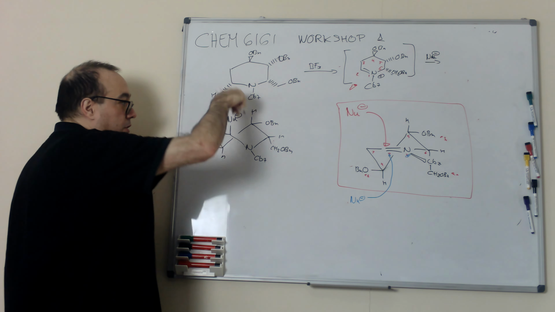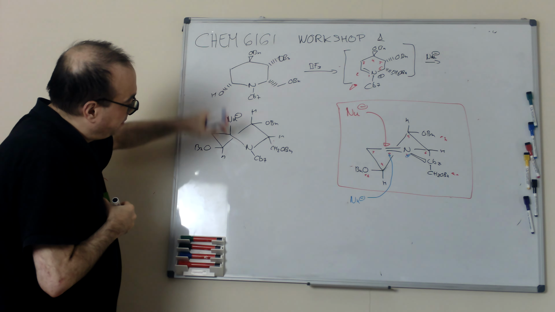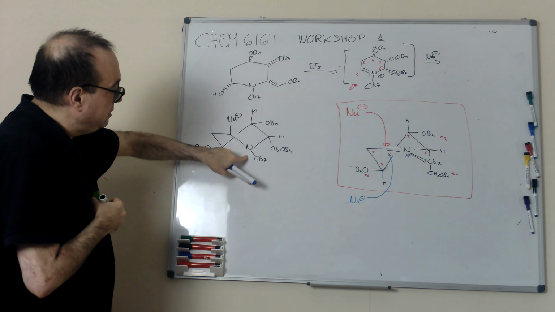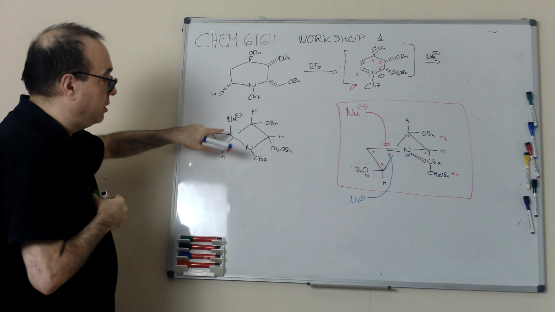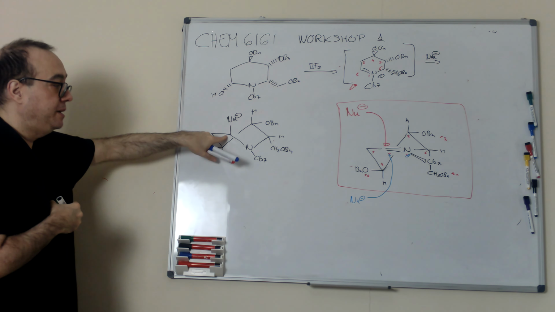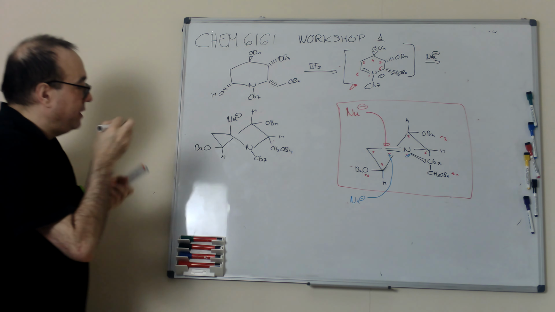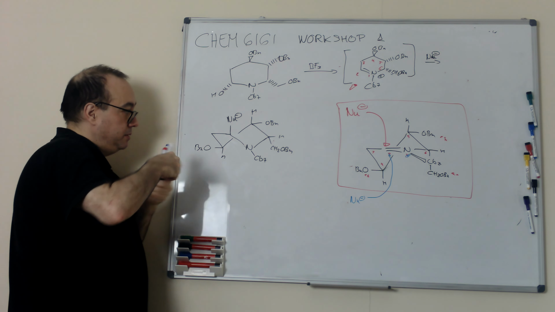If it is attacking from the top face, what is happening is that this nitrogen is going down, in order to preserve the tetrahedral environment in this carbon, and we have like a twist bond.